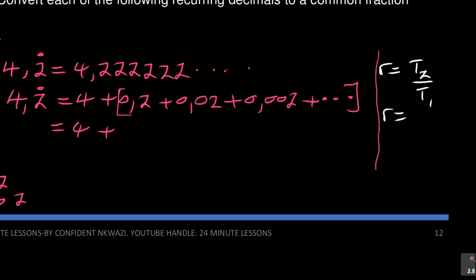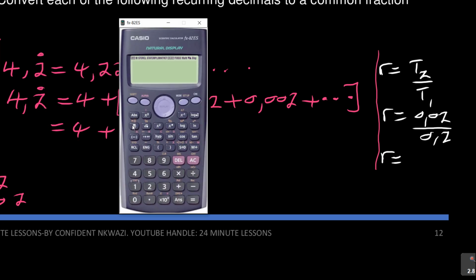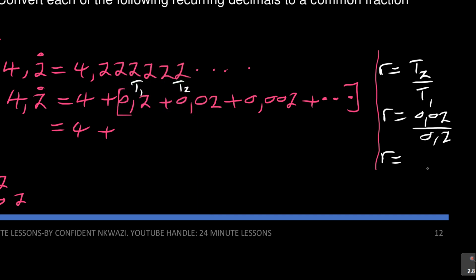This is T1, this is T2, which is 0.02 over 0.2. Then it becomes 1 over 10, which is 0.1.